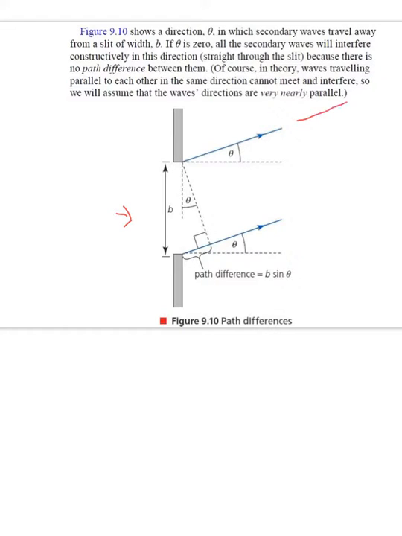These lines should eventually meet. They're parallel to each other, and the reason why we are allowed in the physics sort of way to draw them parallel to each other is because the distance that they actually meet is very, very far. So we're considering a situation where the slit and the screen are very far away from each other.